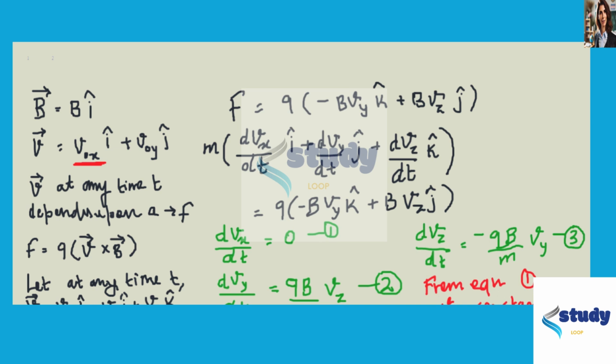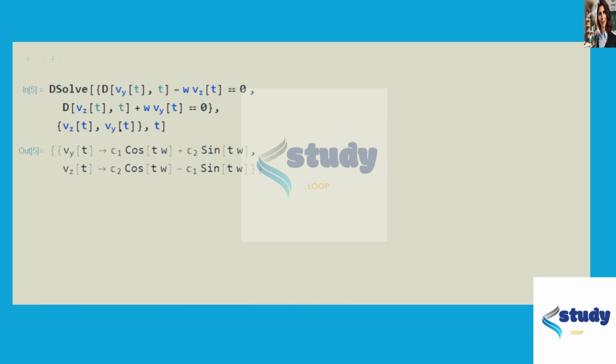Now to solve equations 2 and 3, I used Mathematica. Solving equations 2 and 3 gives the solution for vy(t) and vz(t), where I have substituted omega equal to qB by m for simplicity.